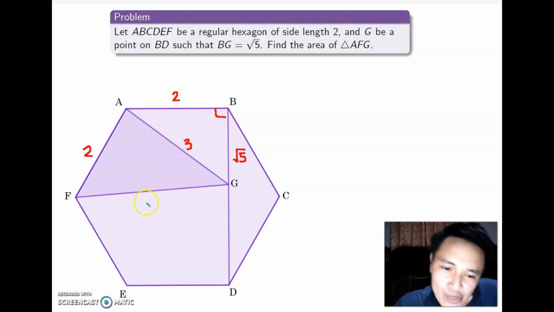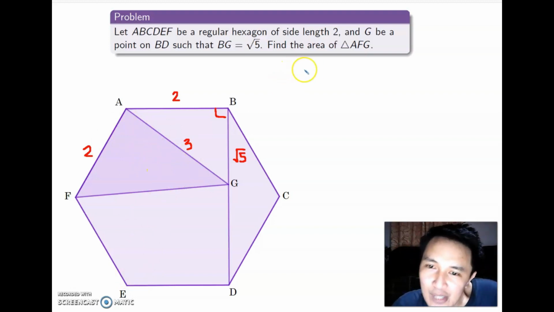Note that since it's a regular hexagon, we can get the measure of each interior angle. Recall that the formula for the interior angle of a regular polygon is n minus 2, times 180, over n.